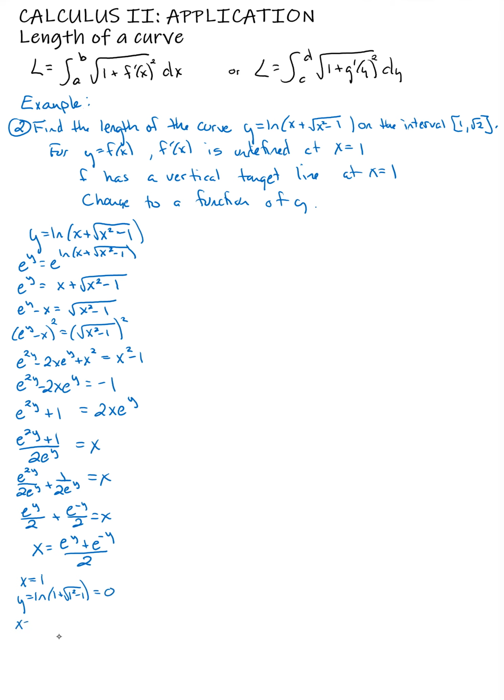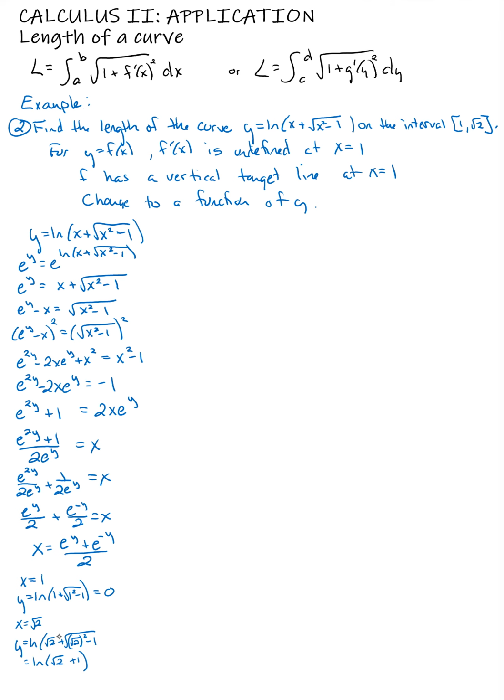When x is the square root of 2, y is the natural log of the square root of 2 plus the square root of 2 squared minus 1, which ends up giving us the natural log of the square root of 2 plus 1.